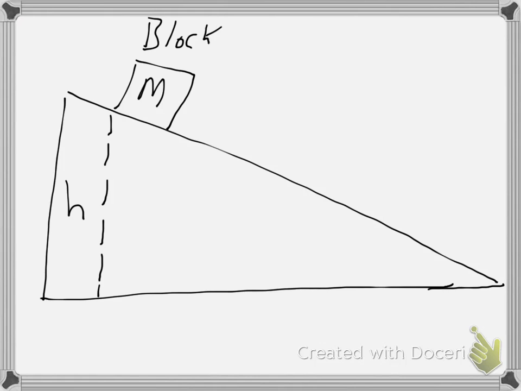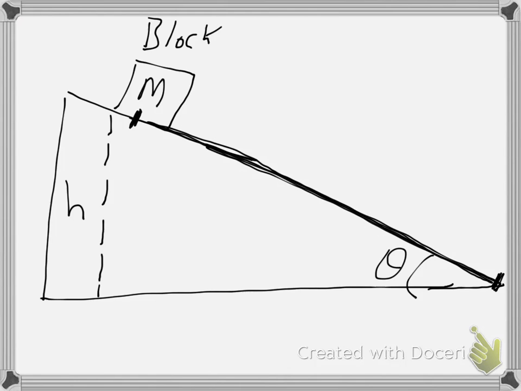But again, if we were going to use Newton's equations, we would have to know the total length that the block was going to slide down, and we would have to know the angle that the ramp made with respect to the ground to calculate the acceleration, because things sliding down inclines don't accelerate quite as fast as falling objects do.